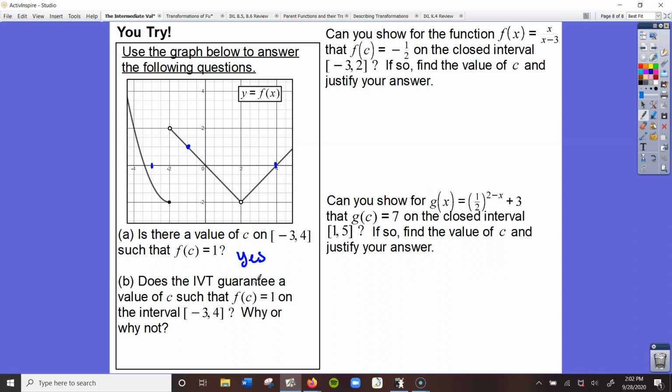Now, does IVT guarantee a value of c such that f of c is equal to 1 on the interval -3 to 4? Why or why not? Here, no. IVT does not guarantee a value of c, and that is because f of x is not continuous on the interval.